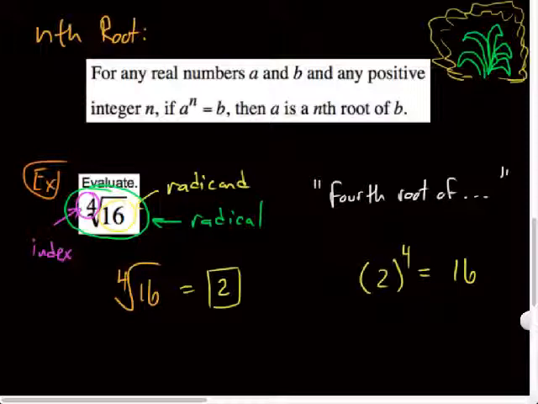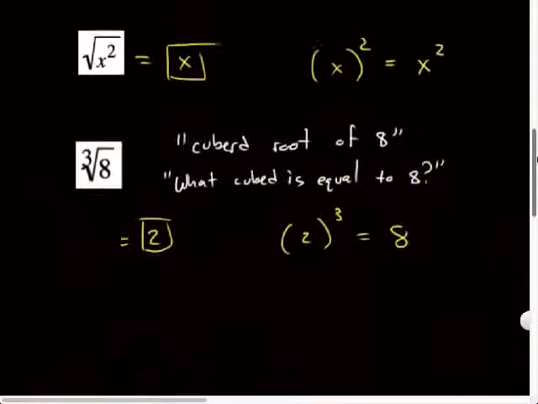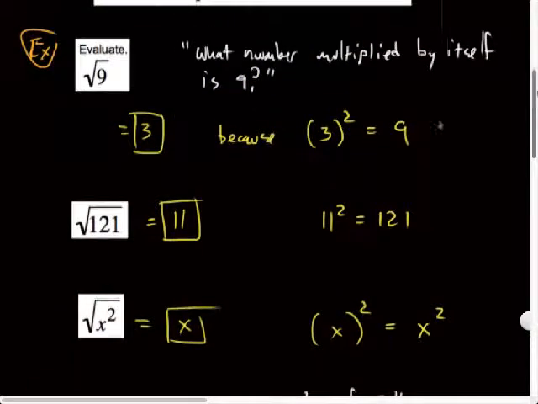Now, what is the index on a square root? It's just invisible. It can't be 0, because a 0th root wouldn't make any sense.